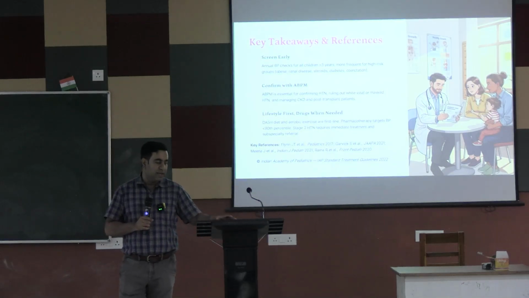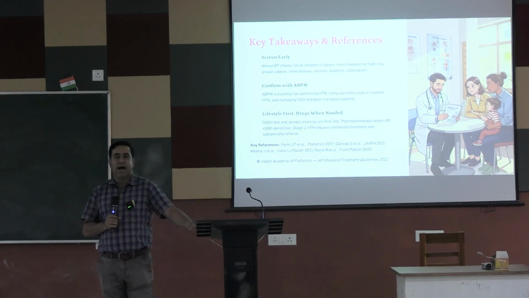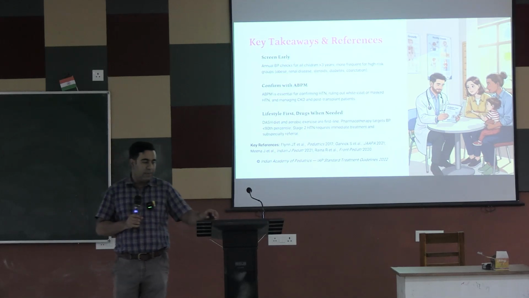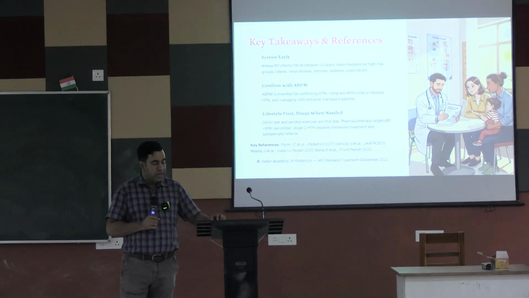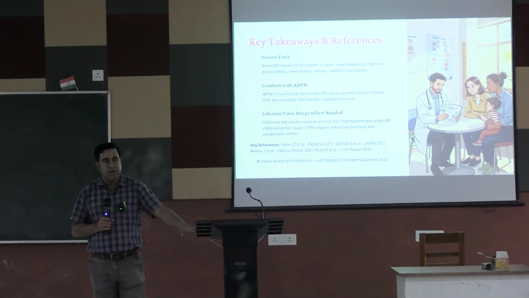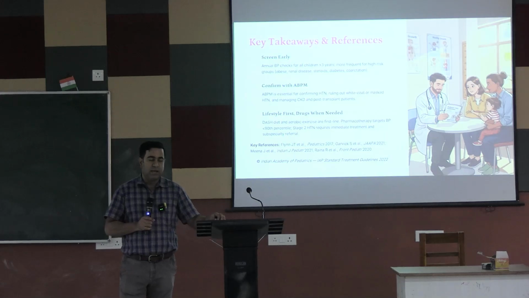Because rapid BP reduction will lead to reduced perfusion, ischemia and infarction. So to prevent heart ischemia, infarction, stroke or heart attack, we reduce BP over 24 to 48 hours. But if there is an emergency, then we reduce 25% of the elevated BP in the next 6 to 8 hours.